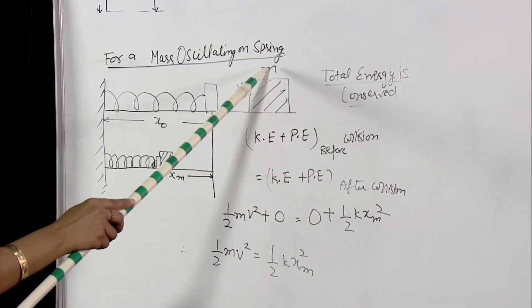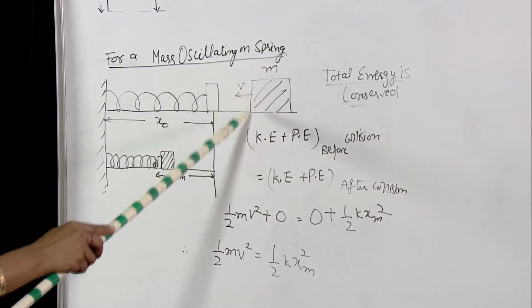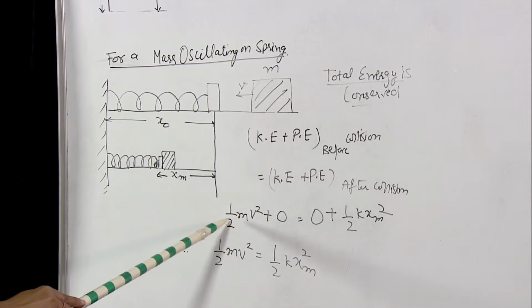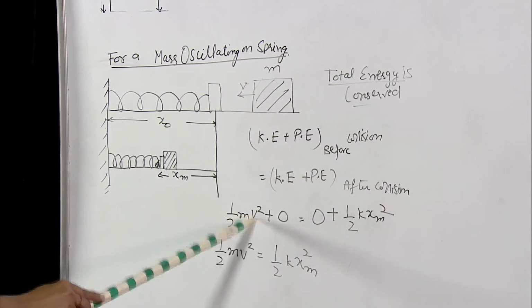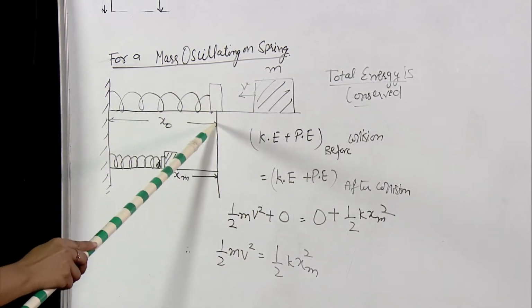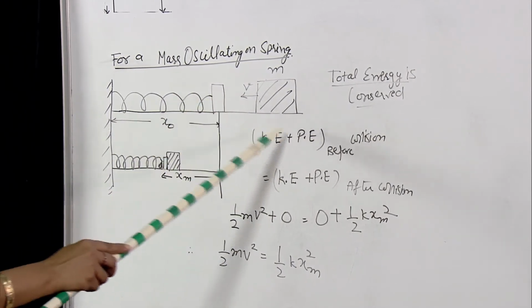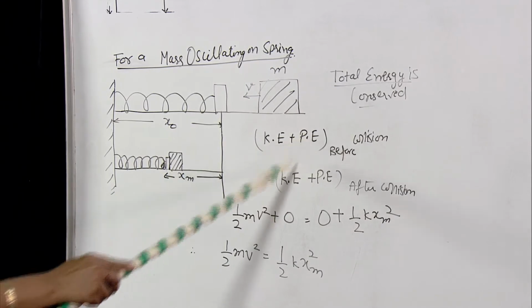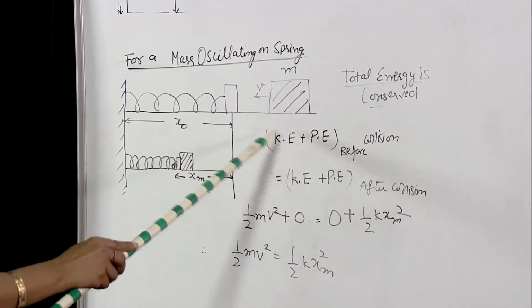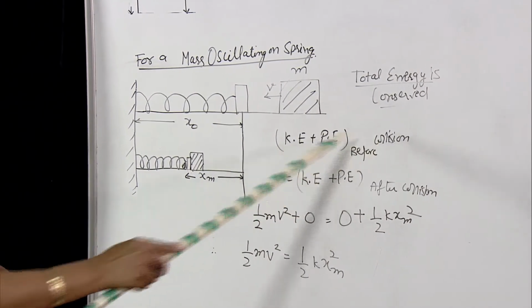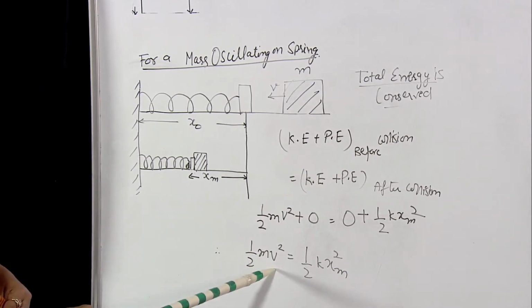Since this mass m is moving with a velocity v, we have a kinetic energy of half mv square. But the spring is in a relaxed state, there is no extension as well as compression in this case, therefore the potential energy of the spring is 0. So, the total energy before collision is half mv square.